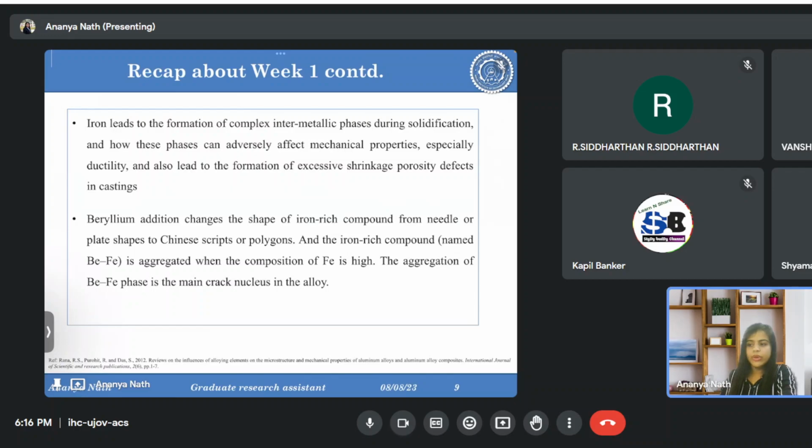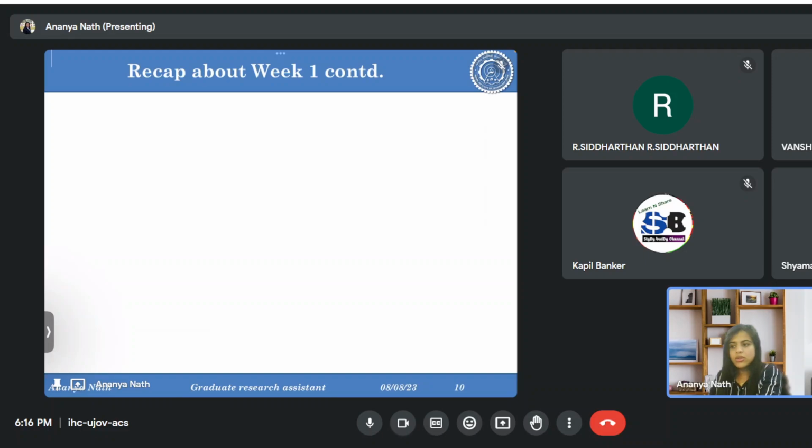So if we want to go for strengthening or hardening, we can go for the formation of intermetallics inside that ductile metal or metal alloys. So this was all about the recap of week 1.